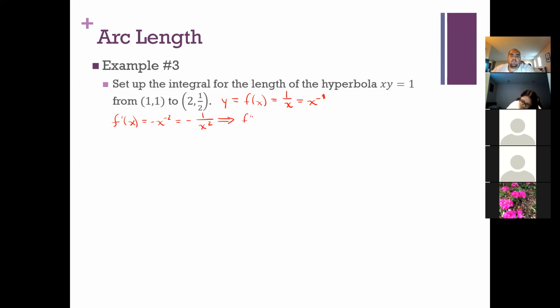Gonna have to square this. All right, now what?